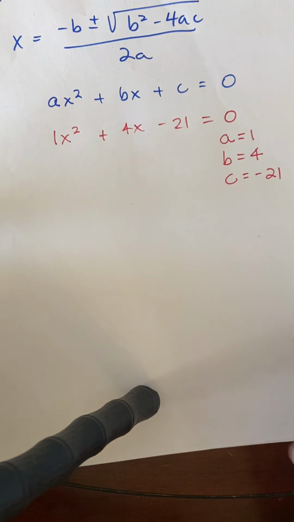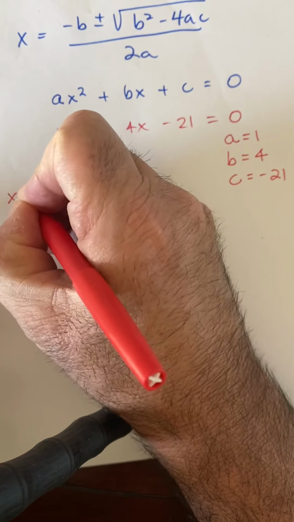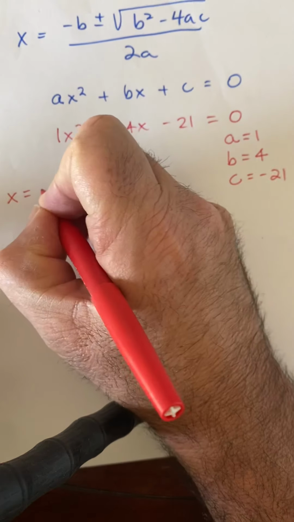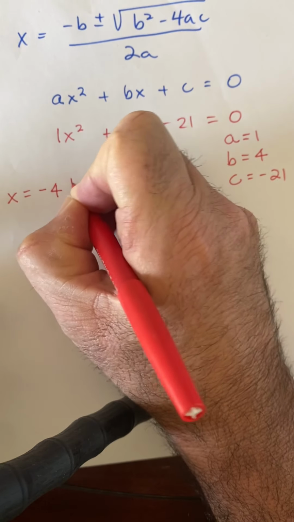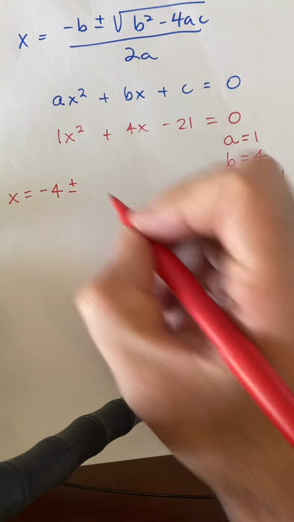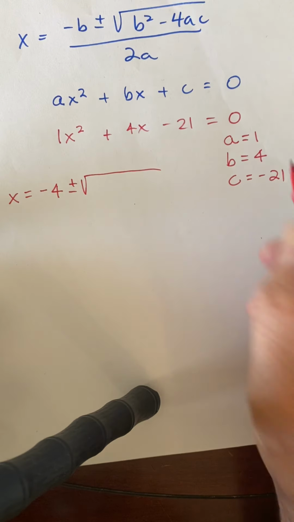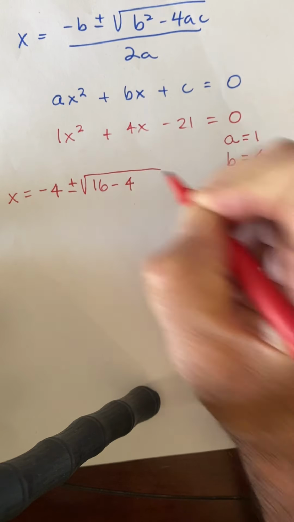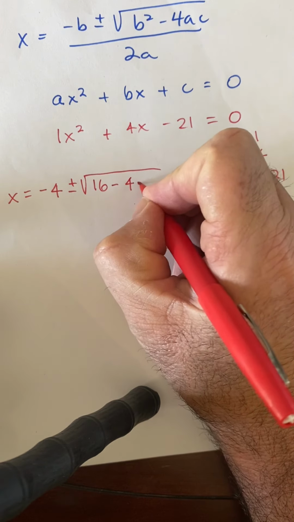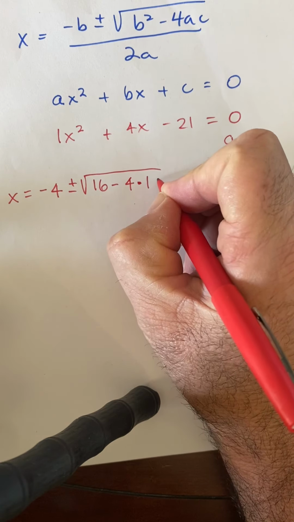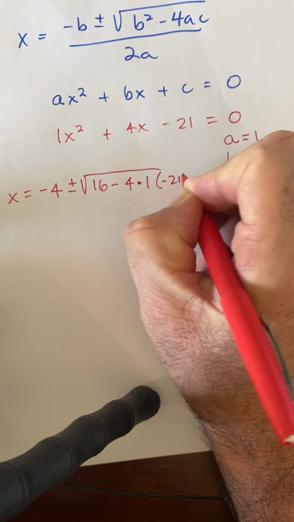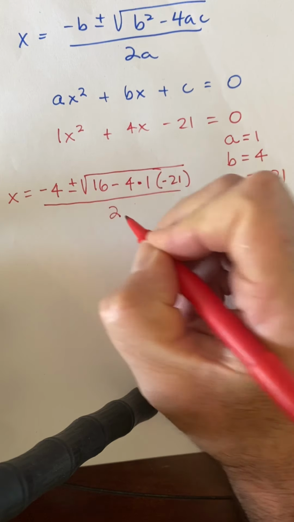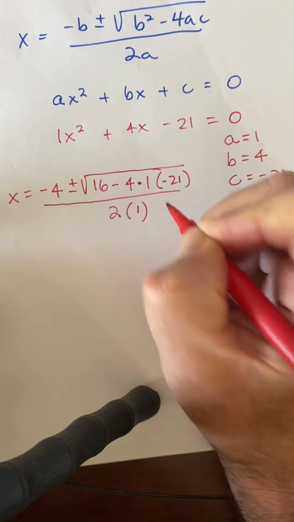So, let's use the formula. X equals the opposite of B plus or minus the square root of b squared, that's 16, minus 4 times a times c, all over 2 times a.